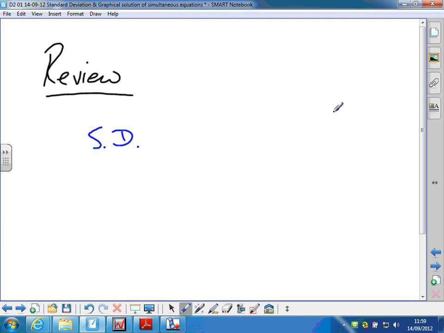What does the mean represent? Right. Only a few more minutes. What does the standard deviation tell us? Yeah, there's the spread of the data.